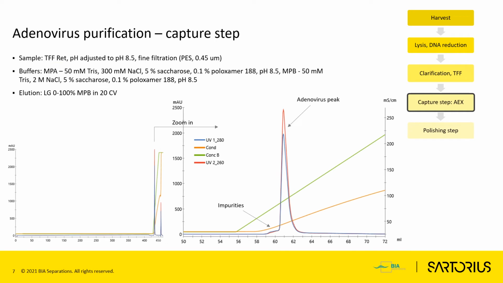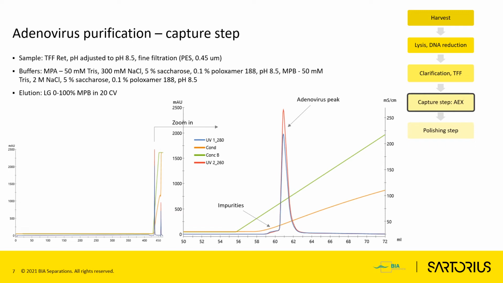The capture step using the CIMmultus QA column was performed on an ÄKTA pure LC system. Firstly, the pH of the retentate was adjusted, followed by another fine filtration. The filtration step before loading seems unnecessary, but it's extremely important in order to remove aggregates formed during TFF.